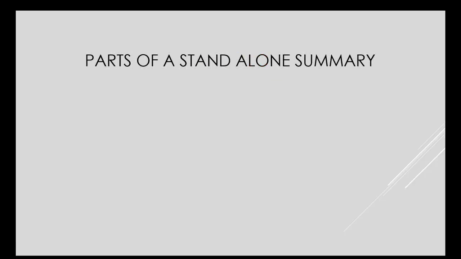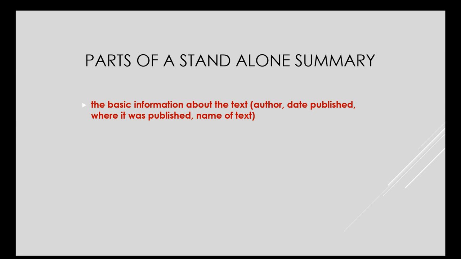There are different parts of a standalone summary that I want to talk about today, and you're going to have to include all of these in any summary that you write. The first one is the basic information about the text: author, date, where it was published, and the name of the text. Then the overall main idea or thesis, which is one thing, one idea, the thesis. So what is the whole text about, basically, in one sentence?